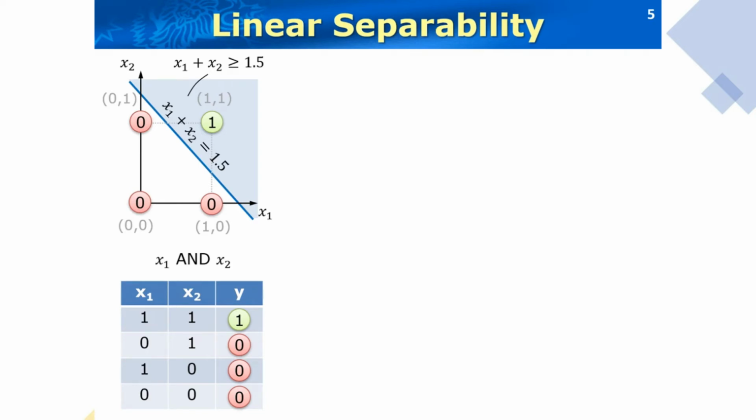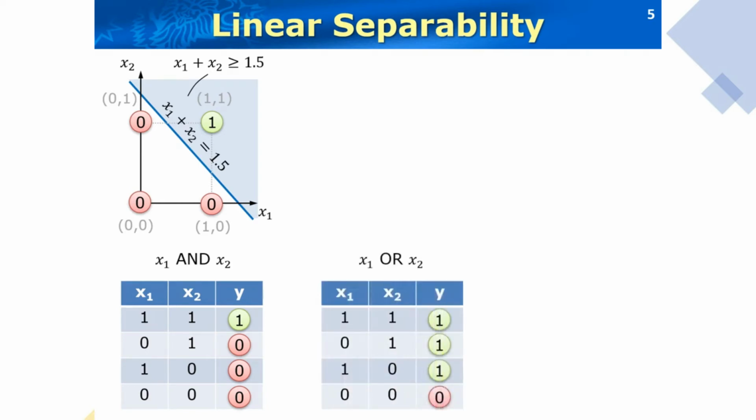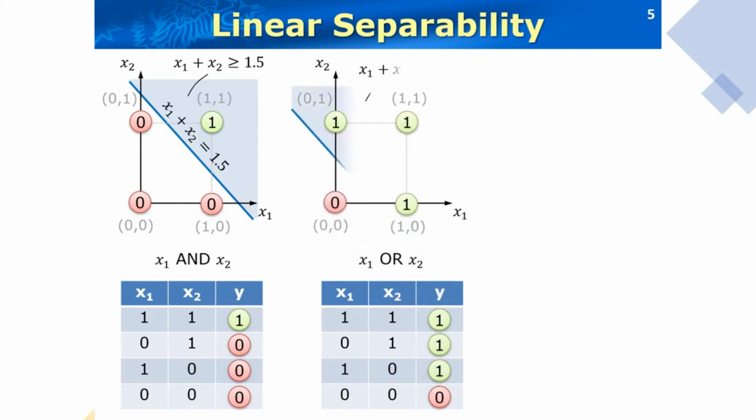Similarly, an OR gate is also linearly separable because we can separate its training data points using the line x1 + x2 = 0.5, such that the 3 data points with green labels are in one half space and one red point is in the other half space.